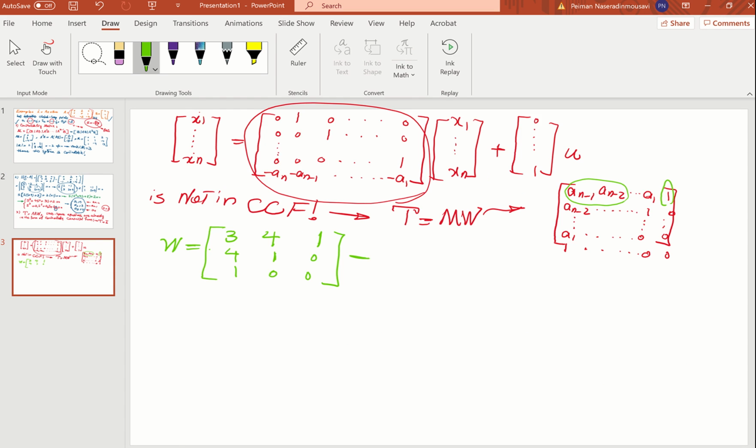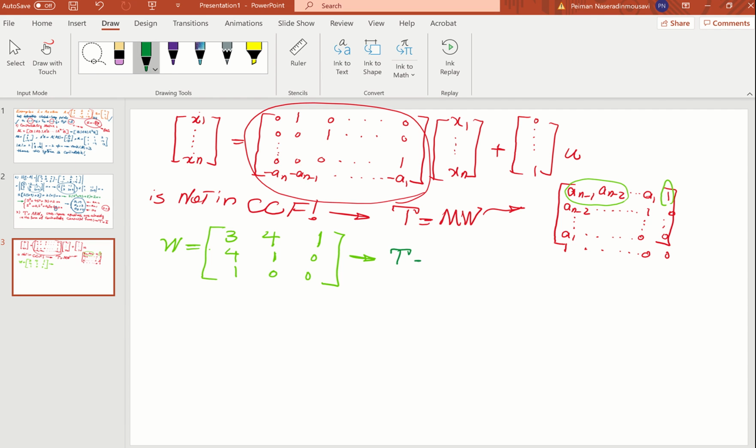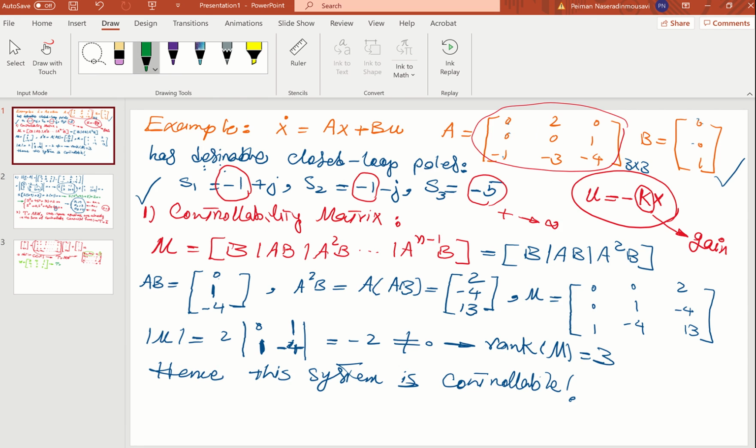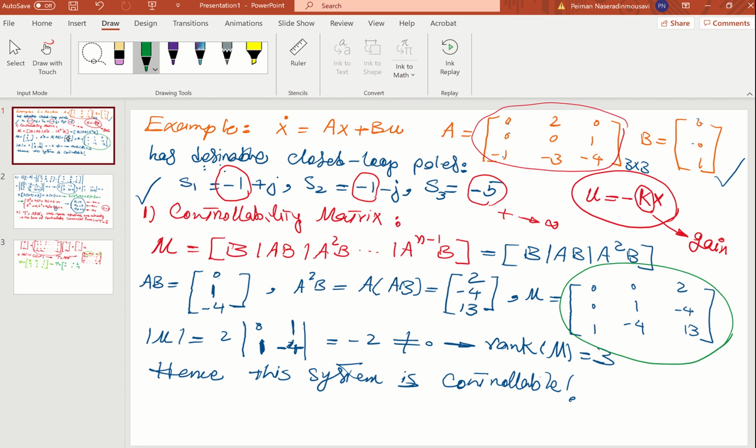Here we go. So your transformation matrix T is going to be M. We calculated M. What is M? M is this: 0 0 2, 0 1 minus 4, 1 minus 4 13.